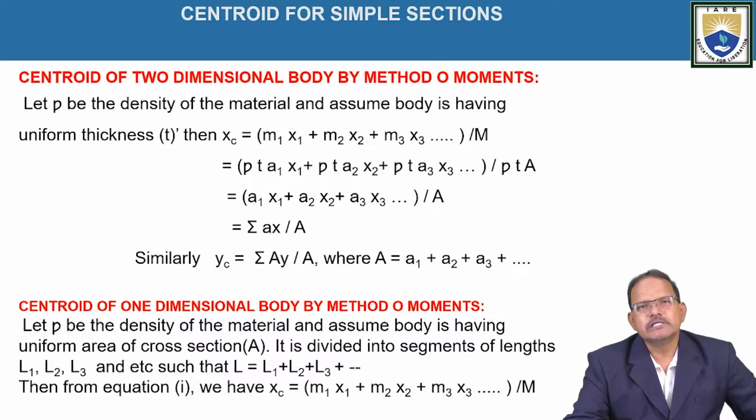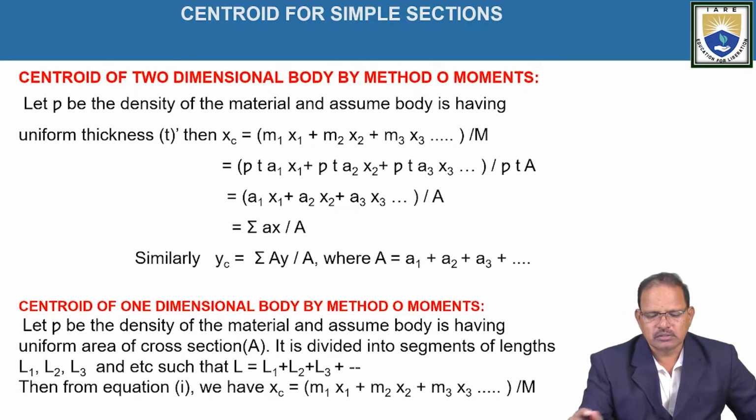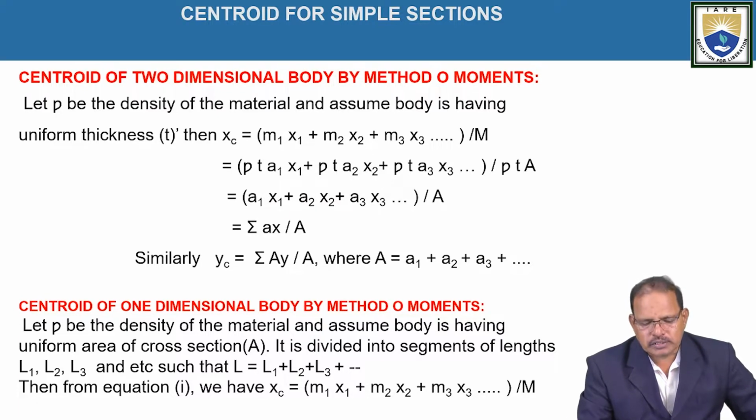Using the same principle, we can determine the centroid of two-dimensional objects, where m1 represents the mass, which is equal to volume multiplied by density. Assume it has uniform thickness and is made up of the same material. Hence, the modified equation: m1 x1 can be written as rho t a1 x1, where a1 stands for the area of segment 1.